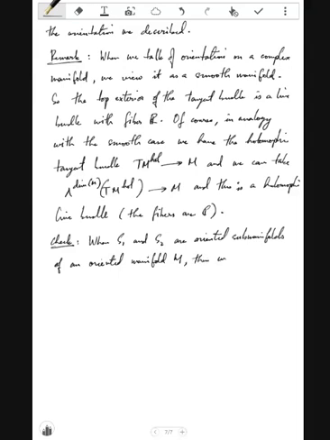Then we gave the normal bundles of Si over M an orientation.